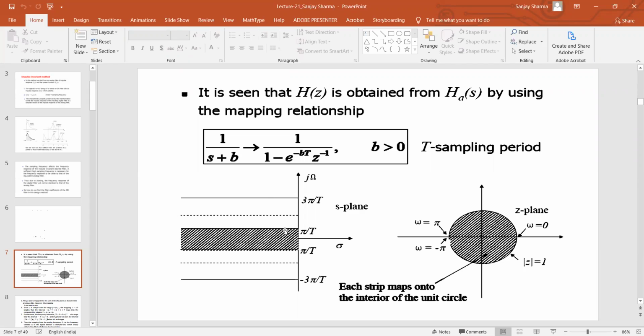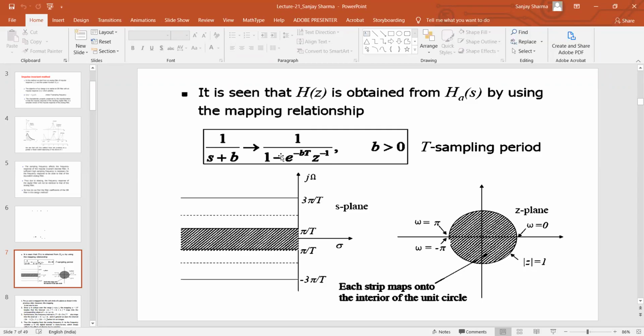So this graph is the S plane. The x-axis of the S plane is sigma, the y-axis is j capital omega, which is the analog frequency in the S plane.